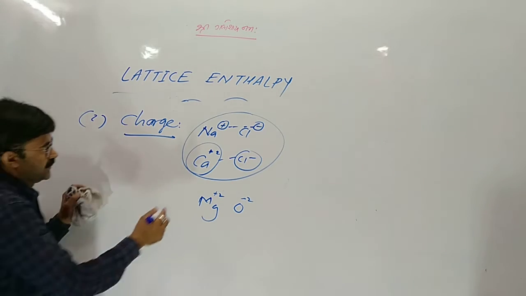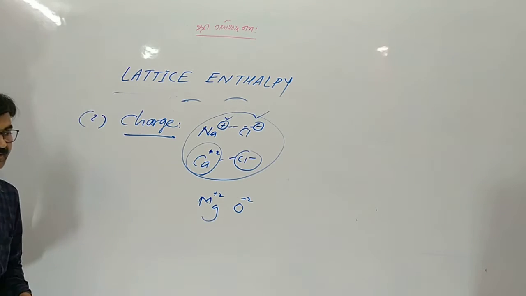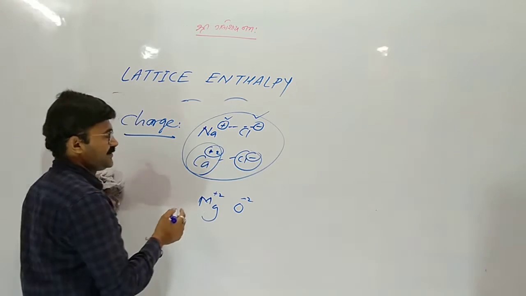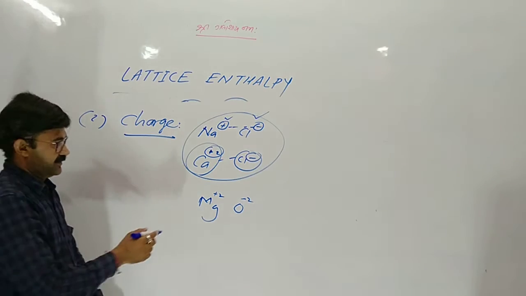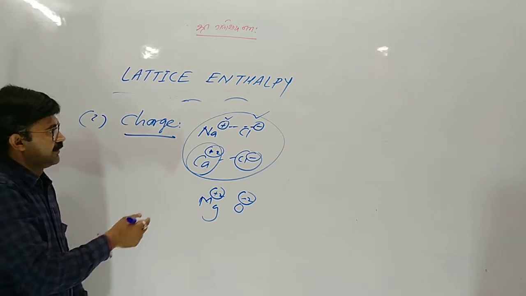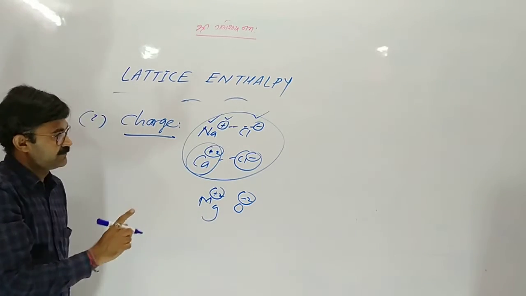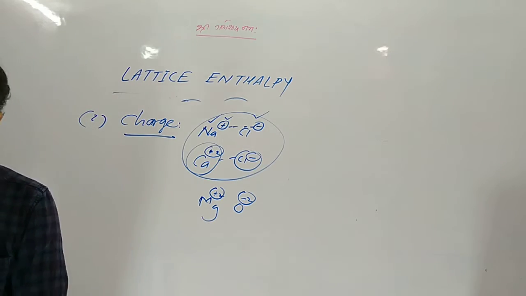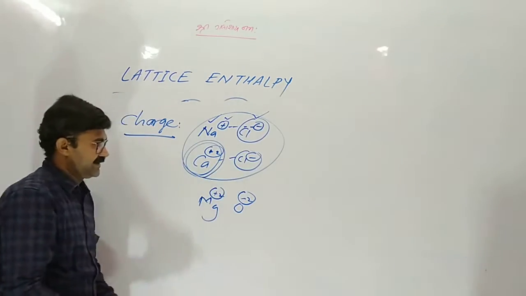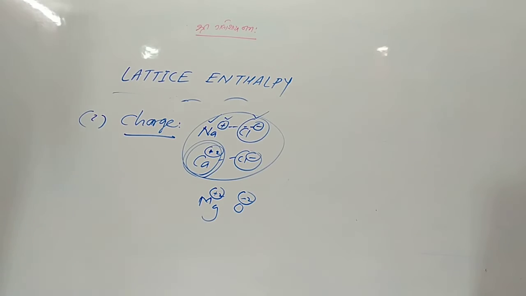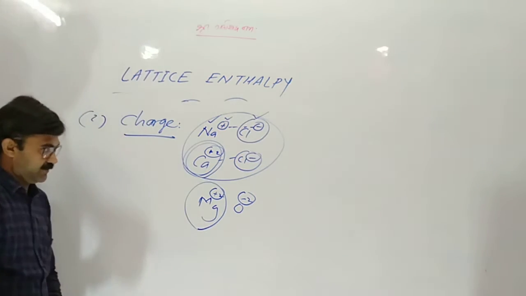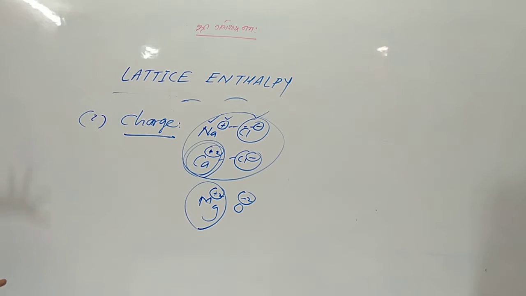Why? Monovalent attraction is less than divalent with monovalent; here divalent attraction is more. Take a positive radical with charge +1 and a negative radical with charge -1. Here the positive radical has +2 and the negative radical has -1. Here the positive radical has +2 charge and the negative has -2.